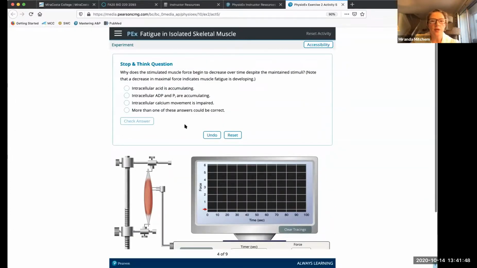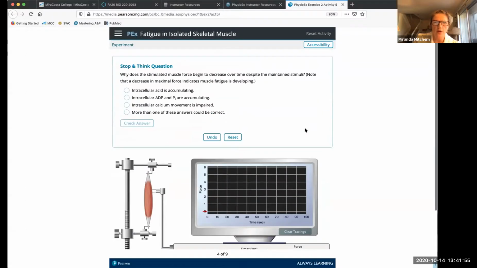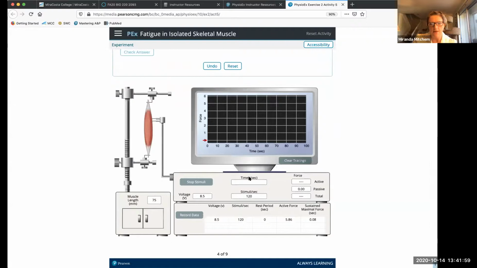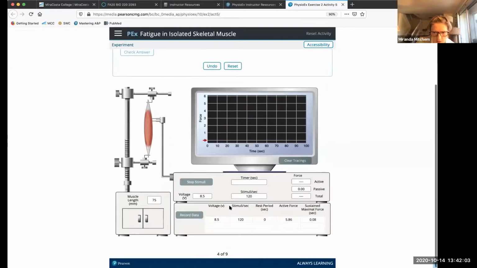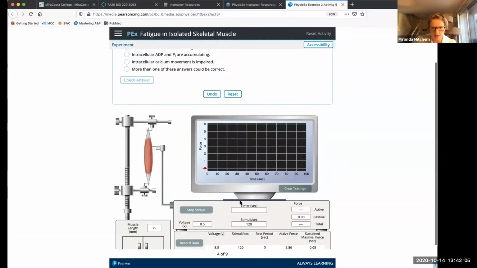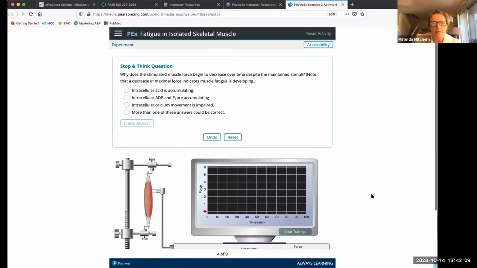Why does the stimulated muscle force begin to decrease over time? It really didn't give us much of an experiment to look at here, despite the maintained stimuli. So I'm going to actually go back and do, nope, that's all it's going to let me do. That's weird. I was trying to repeat it again for you, but it doesn't give me the option to do that. So that does not seem right.